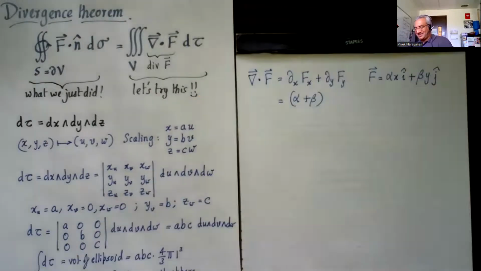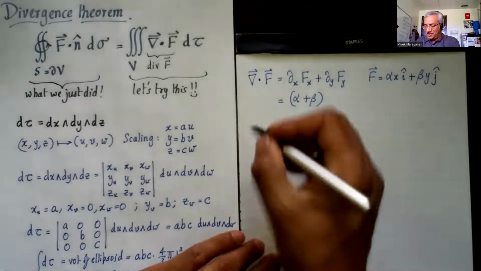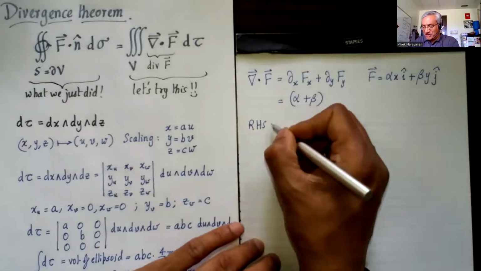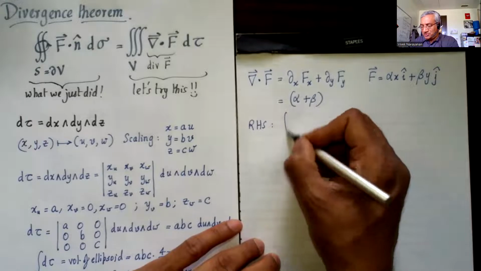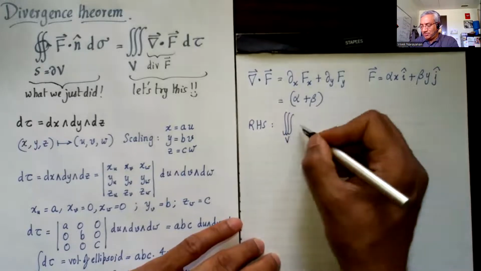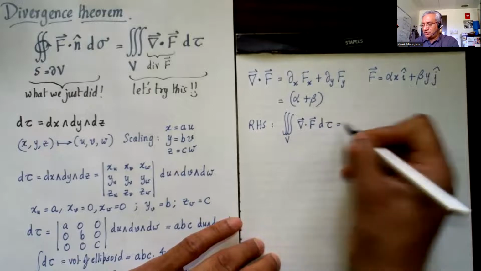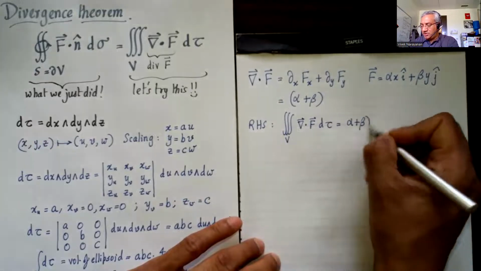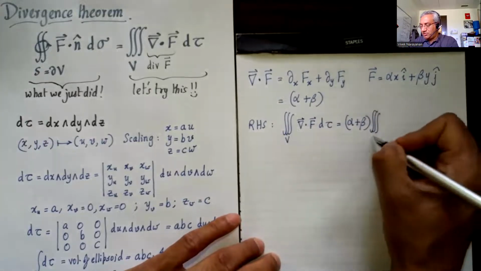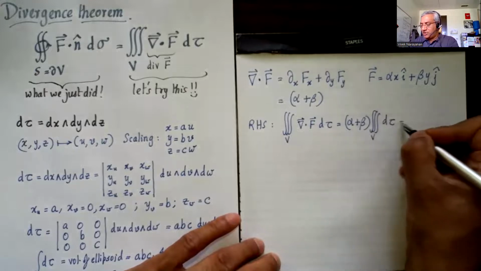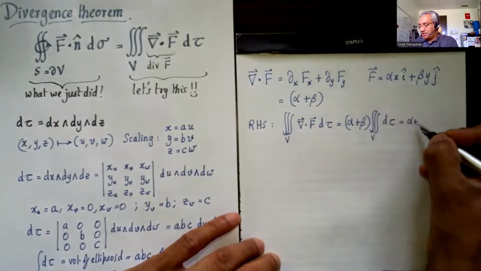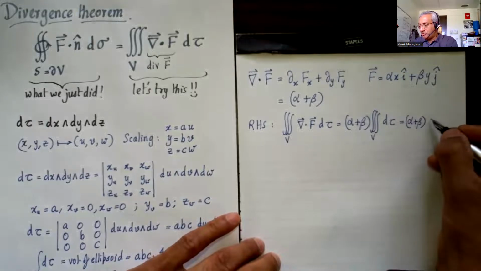We're done. So the right-hand side of Gauss's law tells us that the triple integral over the volume of del dot f d tau is just alpha plus beta times the triple integral over the volume d tau. And that's alpha plus beta times the volume of an upper ellipsoid.